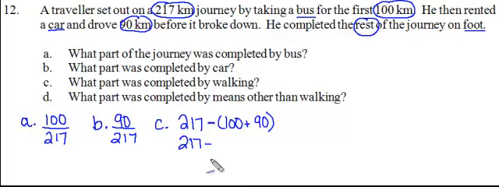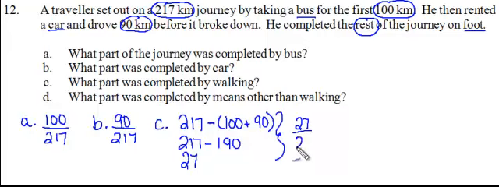So 100 plus 90 is 190. 217 minus 190 leaves us with 27. So that means that he walked for 27 of the total 217 kilometers. So that fraction would represent the part that was completed by walking.